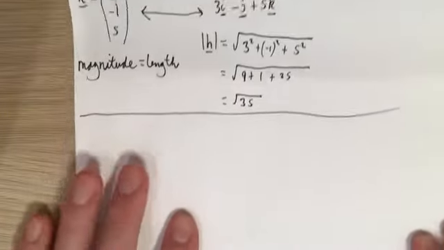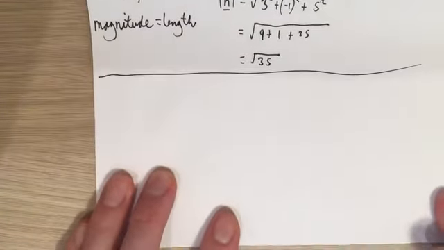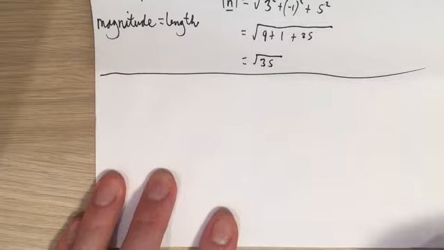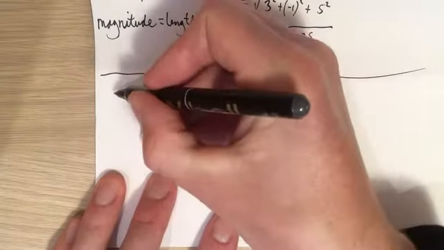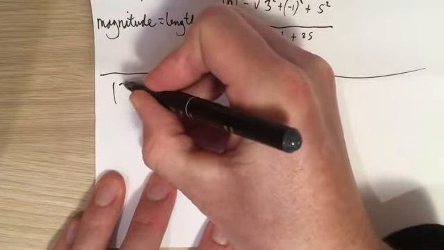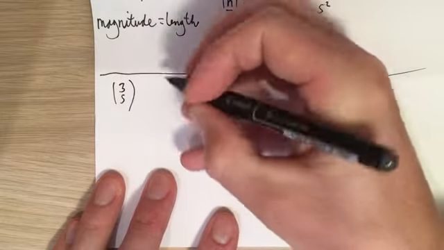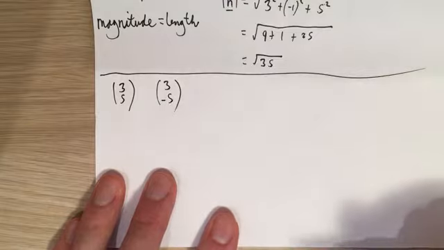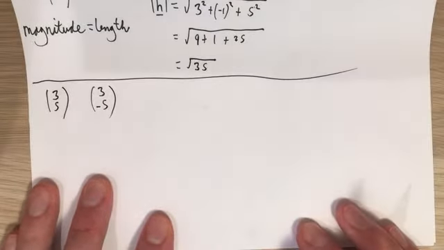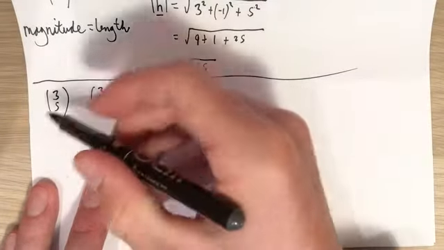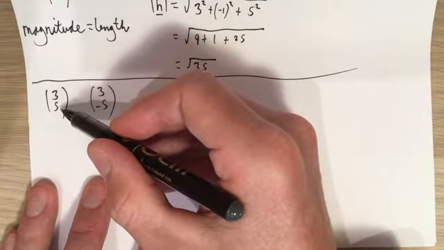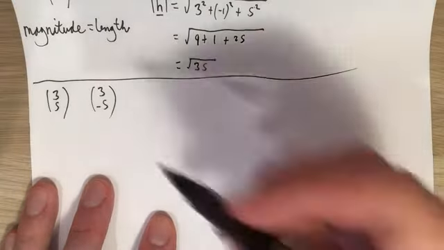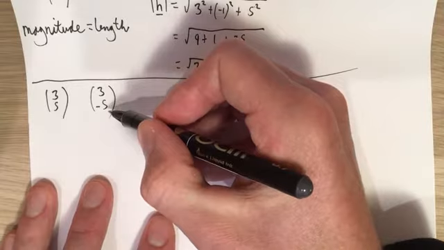Final section. Loving this. What happens when 2 vectors are equal? What does that mean? So, first example, 3, 5. Next example, 3, minus 5. Are these 2 vectors equal? No. Go right 3 and north 5 is different to go right 3 and south 5.